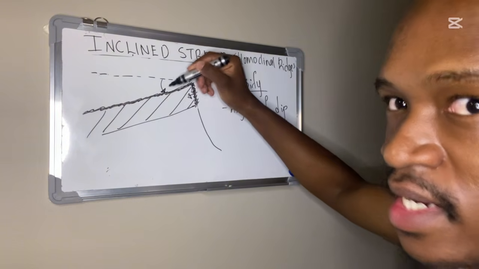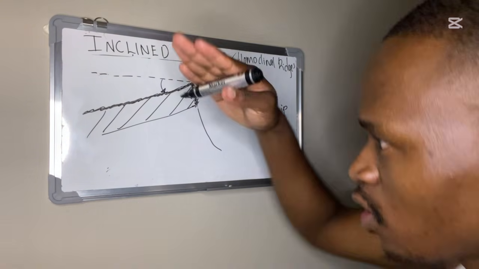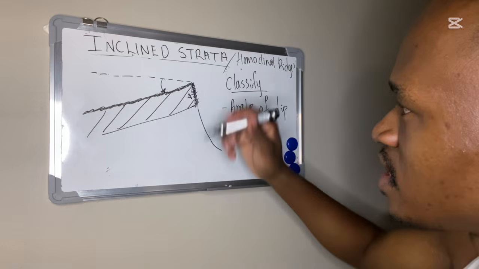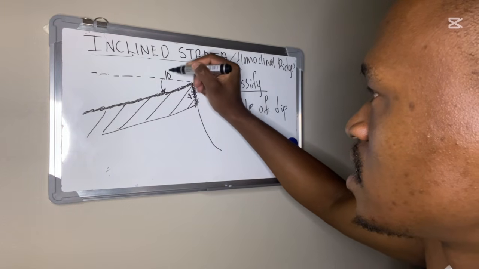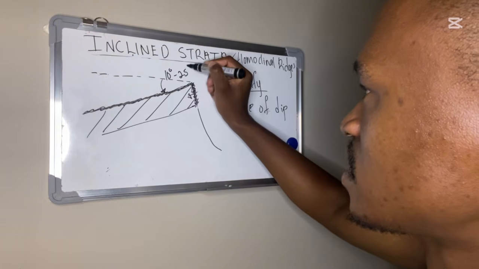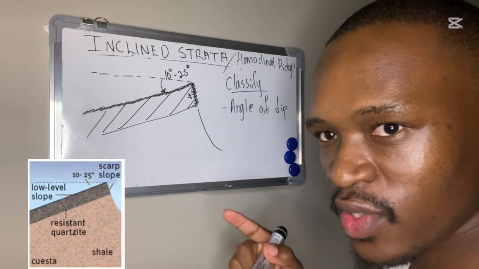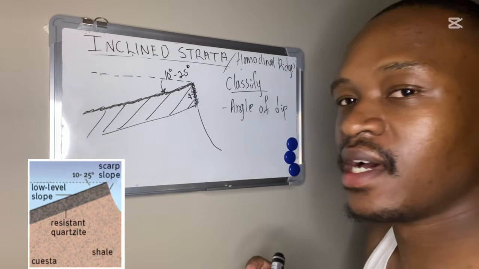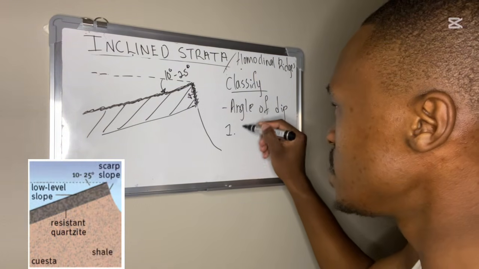That is the angle at which the landform dips, the angle of dip. Now we will look at this angle. Let's say this angle was 10 degrees to 25 degrees, right? We know that landform is number one, a Cuesta.